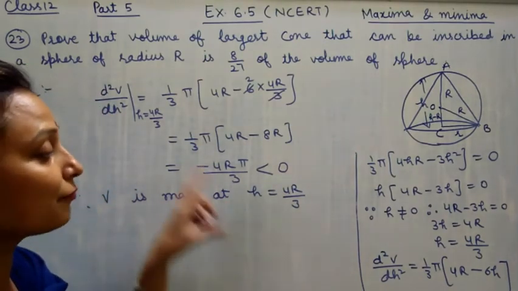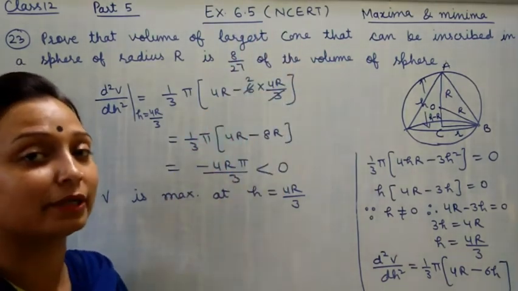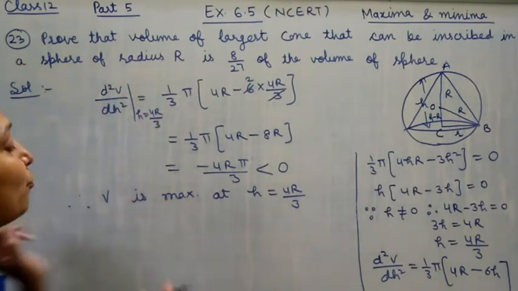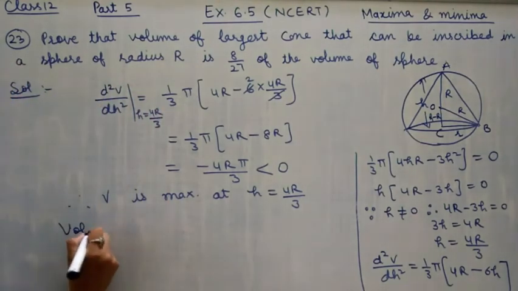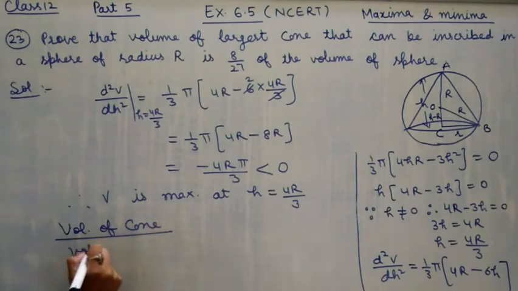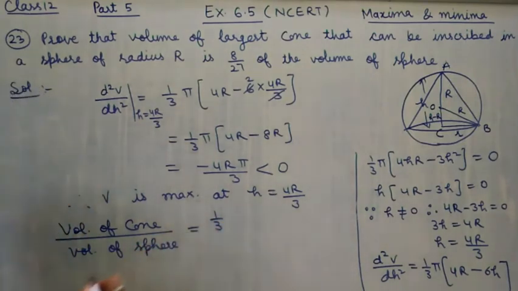Find the value of h for the largest cone. Volume is maximum here. Now the second thing, you have to find the volume of cone divided by volume of sphere. Right? What is the value before doing the derivative?